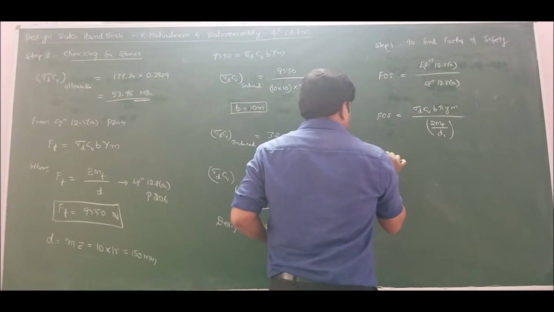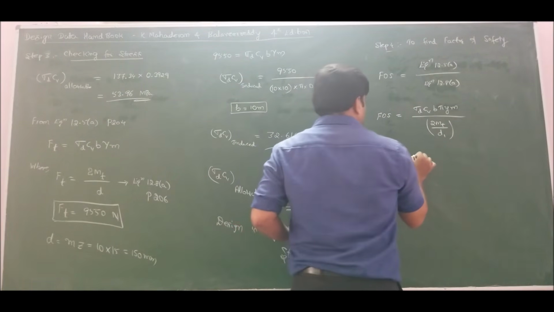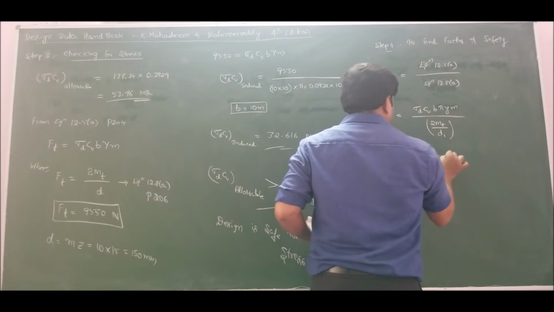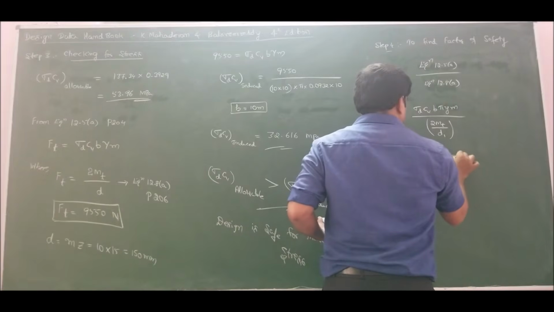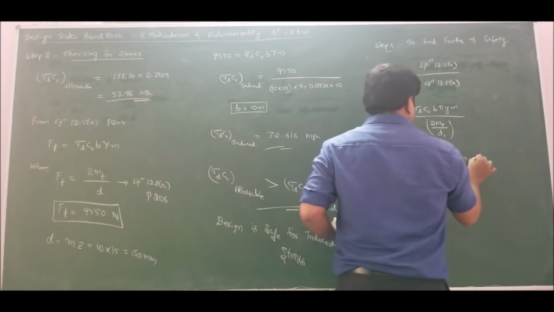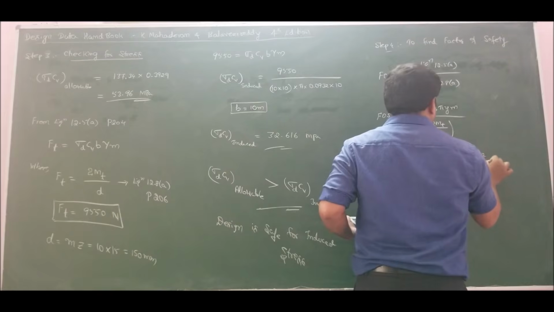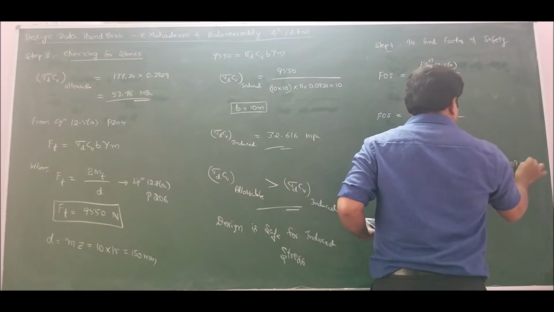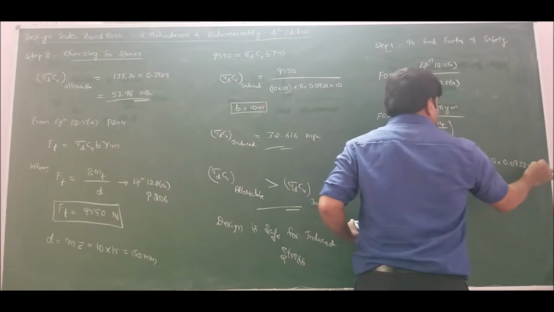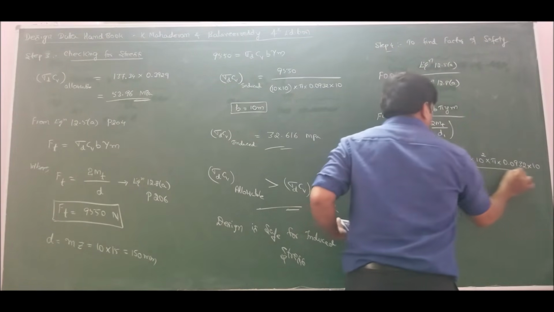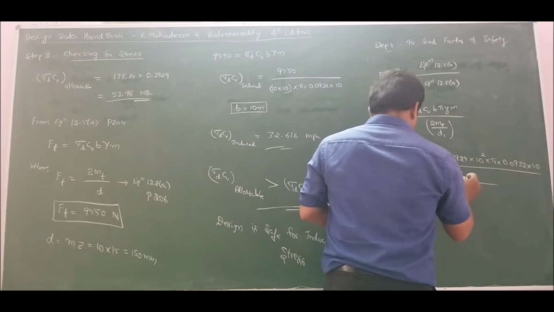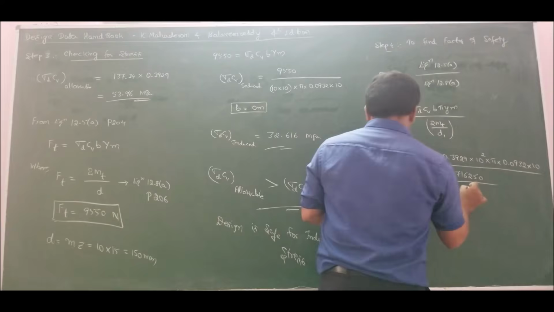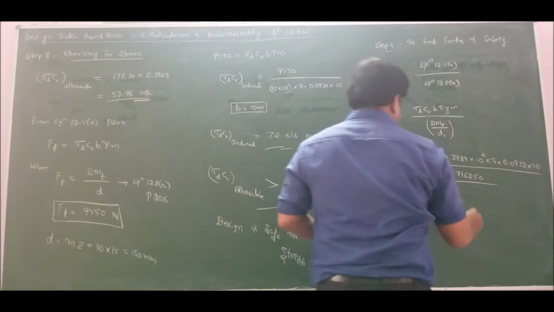So if I substitute, FOS will be sigma d is 137.34, CV is 0.3929 into B is 10 square into pi into y is 0.0932 into module is 10, whole divided by 2 times 716,250 divided by diameter d1 is 150.